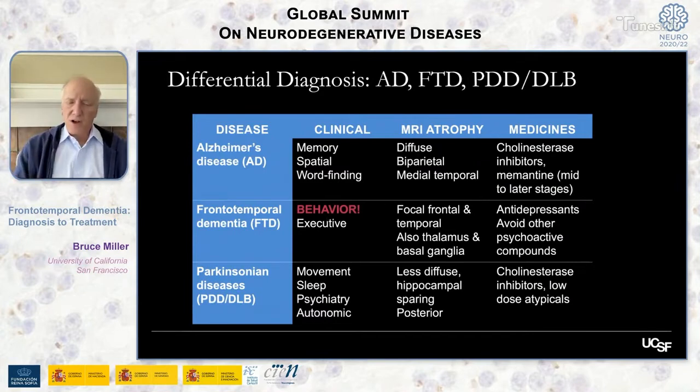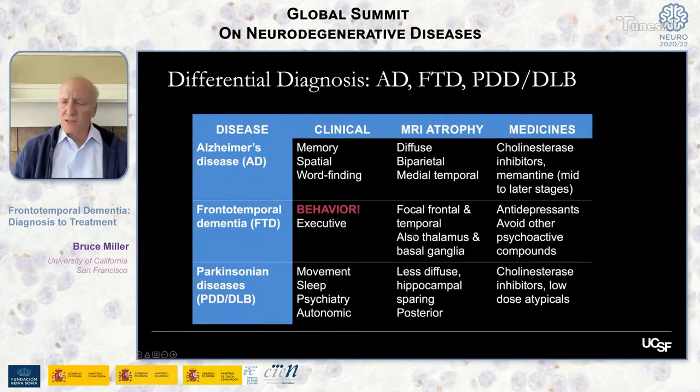Although there are executive losses that eventually emerge in bvFTD, I am very reluctant to make a diagnosis of bvFTD unless there are profound changes in behavior as early manifestations of the disease. I point out that Alzheimer's disease and Parkinsonian dementias can be associated with executive loss. So beware the diagnosis of FTD when there is only executive loss and no behavior.